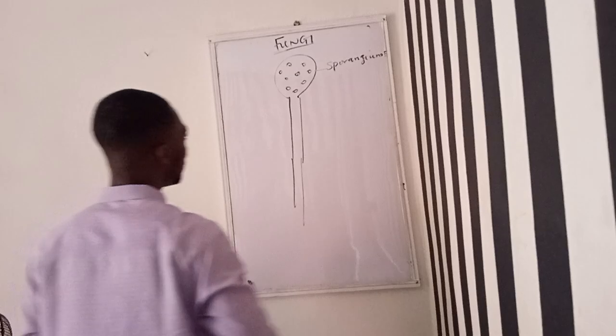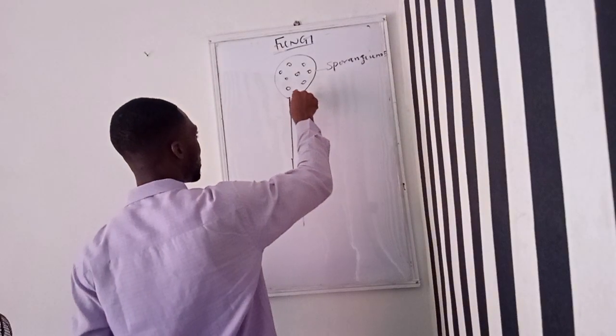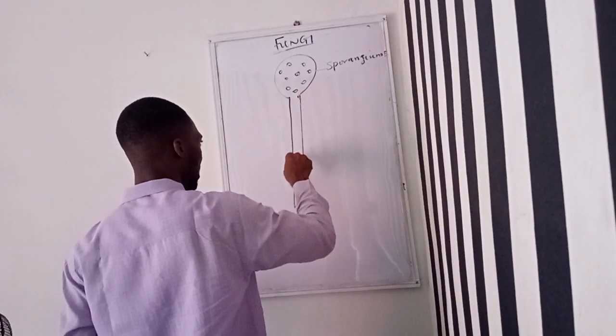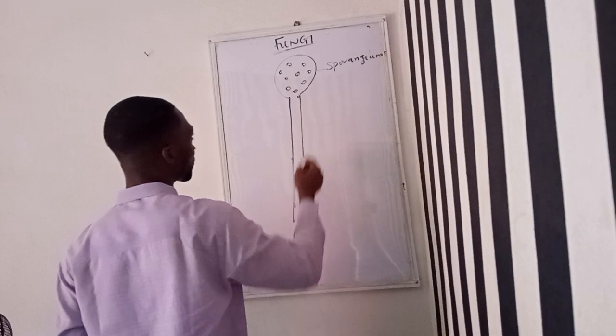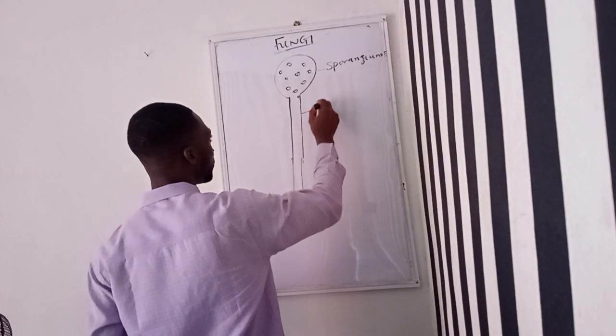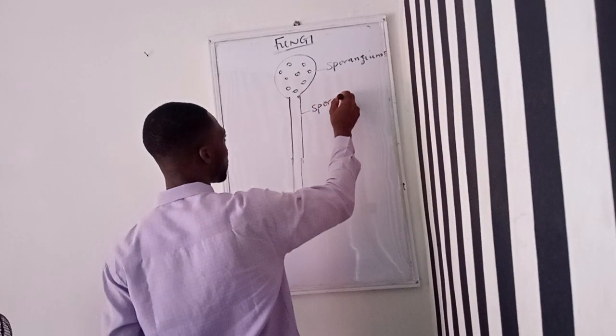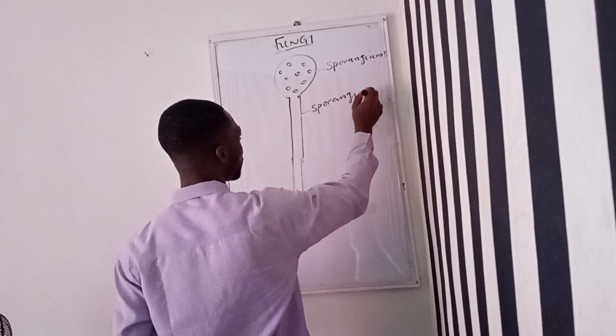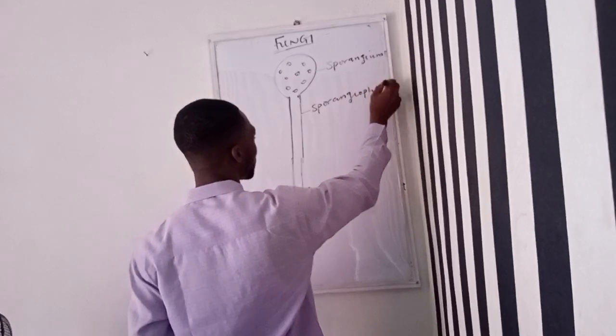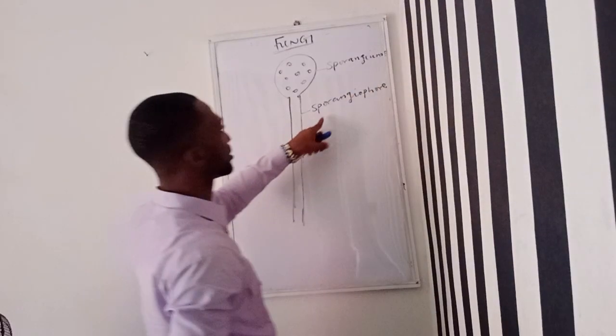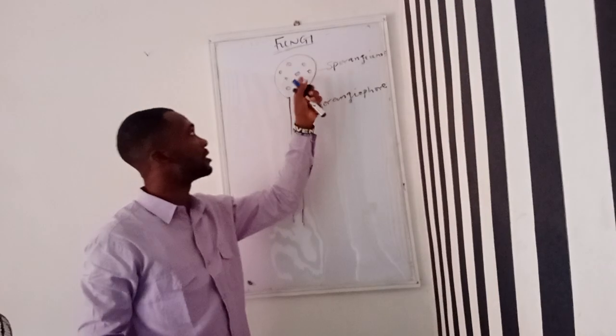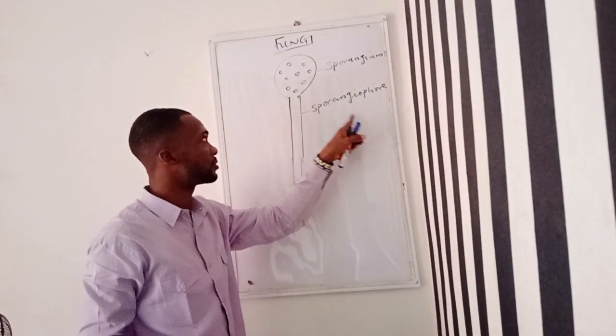Now, this sporangium has what they call sporangiophore. The reproductive branch that is carrying the sporangium is called sporangiophore.